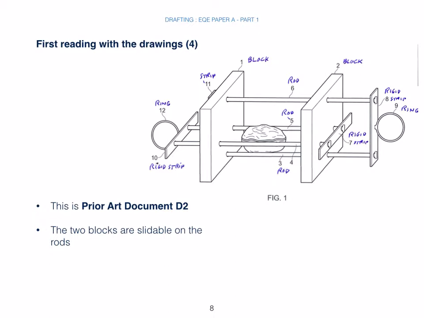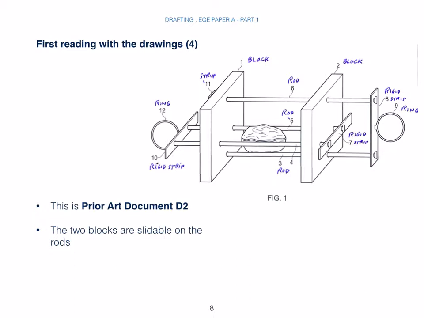We can see in figure 3 that when the pull rings 9 and 12 are pulled apart, the plates 1 and 2 come together until they enclose the walnut and hold it in the nutcracker.